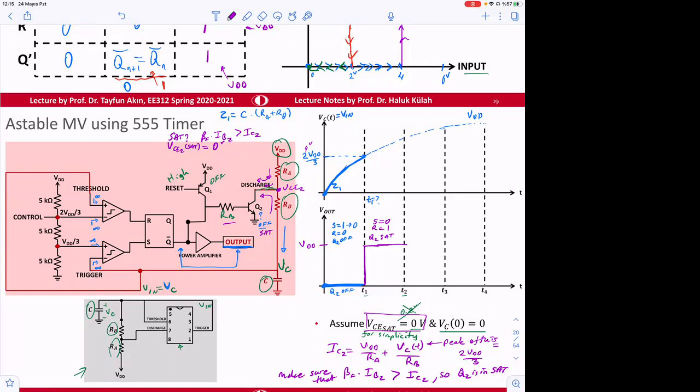So as soon as the output voltage goes to this, and then VCE2 becomes 0, now the capacitor will start discharging. C will start discharging.